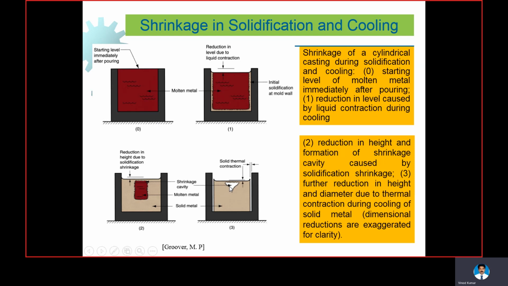The complete liquid amount will get converted into solid, and there is a chance of production of a cavity because of the contraction of the material. Whenever liquid metal gets converted into solid, because of the contraction, the shrinkage cavity may get produced. So this is basically an effect of thermal contraction in the casting process.